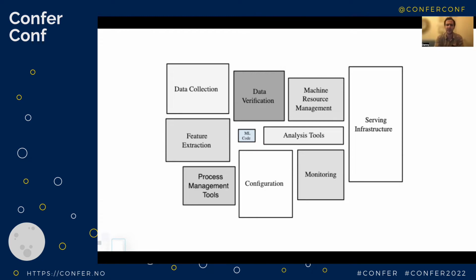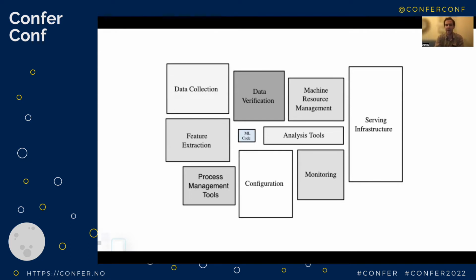There's the whole process of collecting your data, extracting features from your data, cleaning the data, taking those features and then passing them through some transformations, serving them to the model, serving its results, being able to take those results and giving them to the user, and then monitoring all of these different services. That's not to mention all of the data pipelines that might be involved in getting data into the machine learning model. So as you can see, there's a lot more that goes into ML than just a machine learning model.